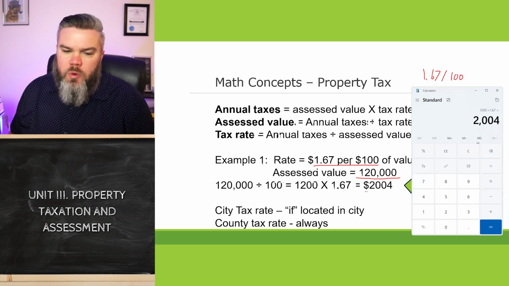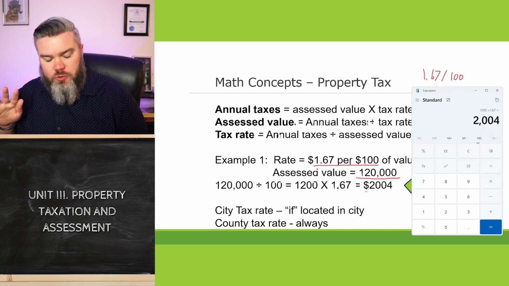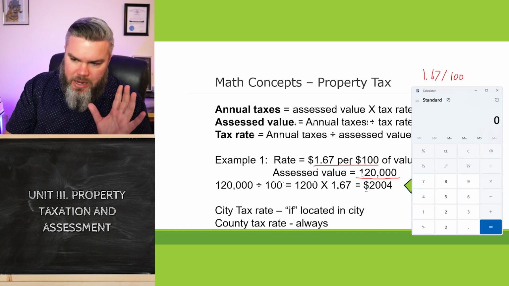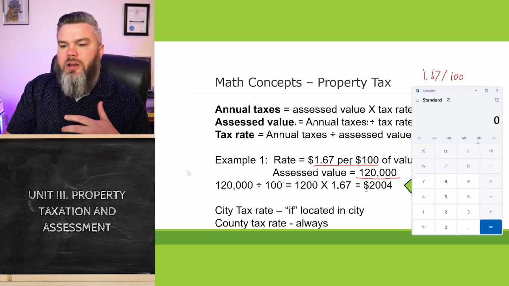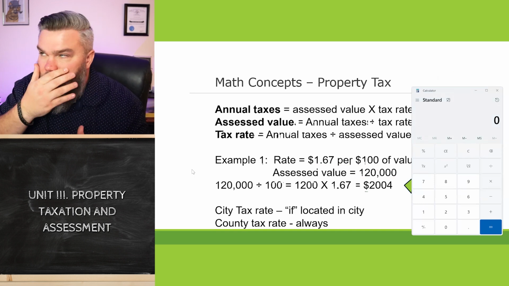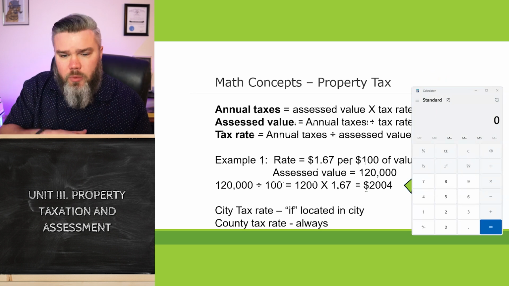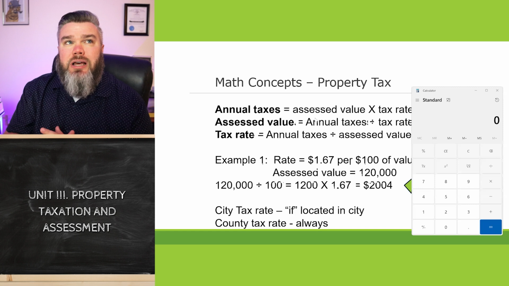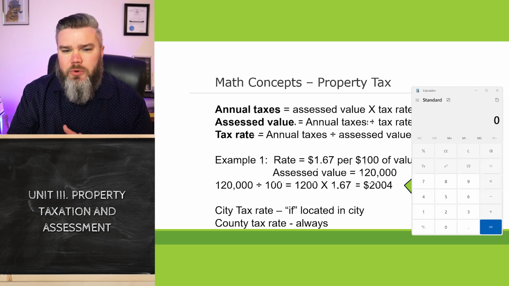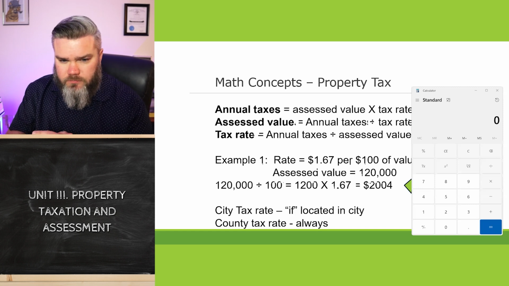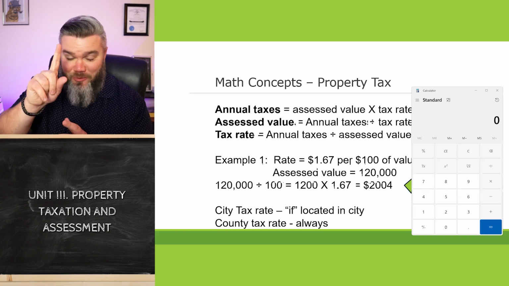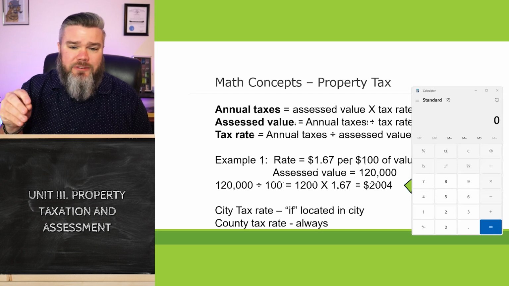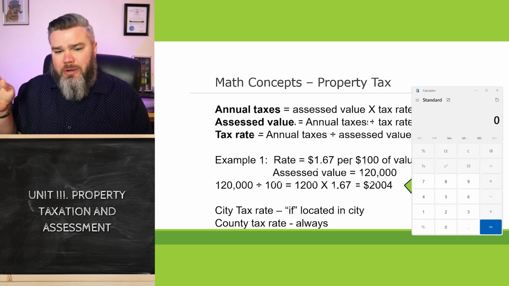Let me show you how I prefer to do it, and then I'm going to explain why, okay? Here, I took the assessed value and I divided by 100. And I said, okay, well, how many times does 100 go into it? And then we just multiplied that by your per 100 tax rate. Well, folks, if I said, how many times does 100 go into itself, what would you tell me? Yeah, 1. And so here's what I'm getting at. I initially took the assessed value and I divided by 100 to see how many times 100 goes into that.